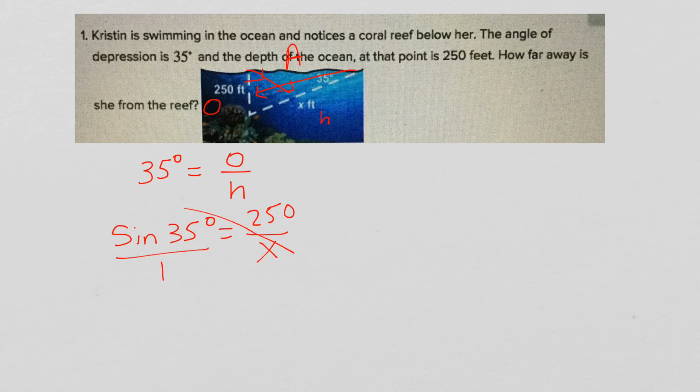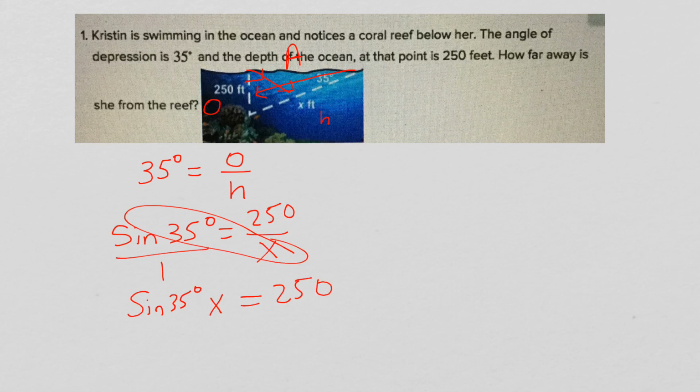So this is going to be X times the sine. Oops, let's go ahead and put that in front. So we're going to do sine of 35 degrees times X is equal to 250.